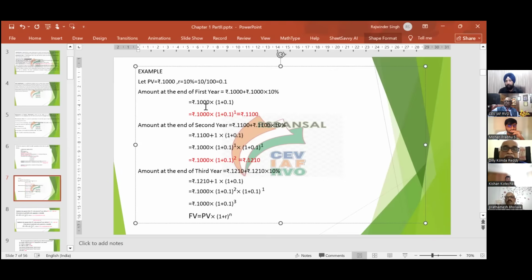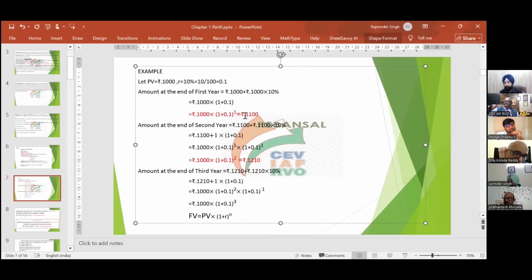If you take this 1,000 as common, you will have 1,000 into 1 plus 0.1. 10% is 0.1. Clear? You can write it as 1,000 into 1 plus 0.1 raised to power 1. It means your amount after 1 year will be 1,100.